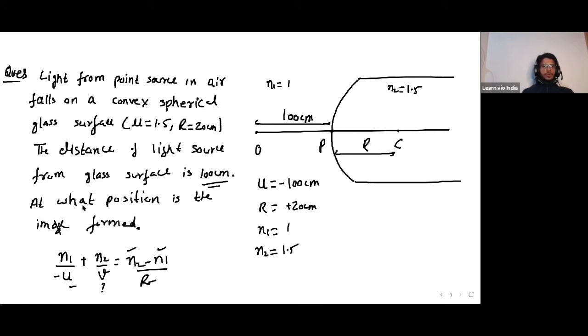Now if I substitute all these values here, N1 will be 1 divided by minus 100, plus N2, which is 1.5 divided by V, equals N2 minus N1, which is 1.5 minus 1, divided by R, which is 20. So I'm left with 1 by 100.